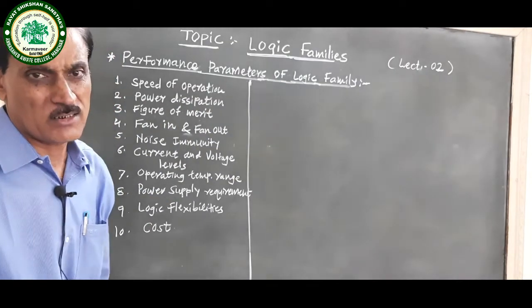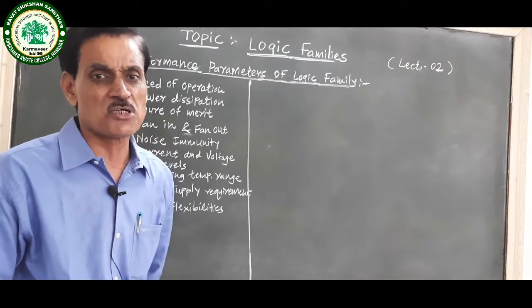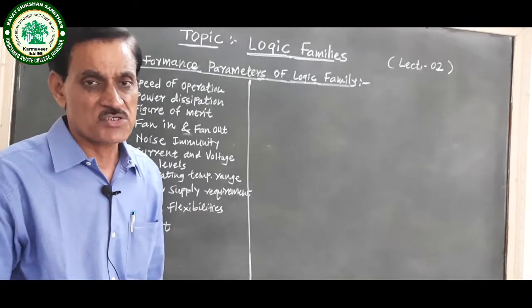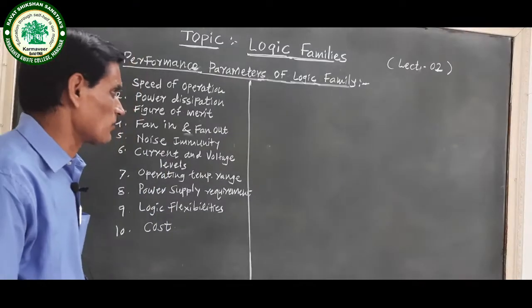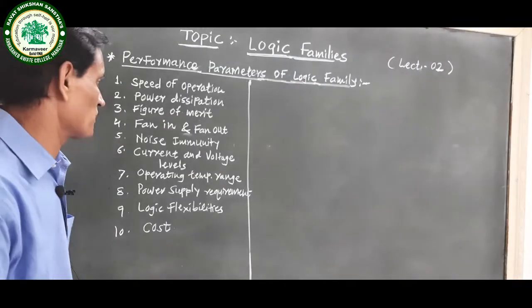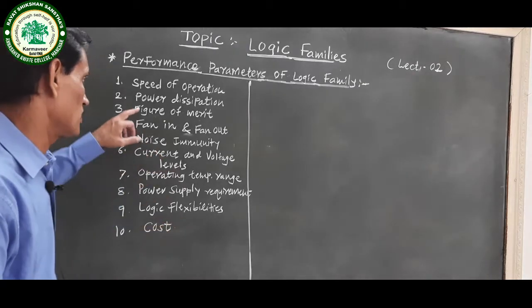As far as logic families are concerned, to compare the performance of different logic families, some parameters are used. Near about 10 to 11 different parameters are used. Here I have listed all the corresponding parameters.